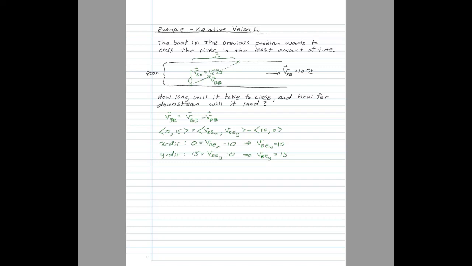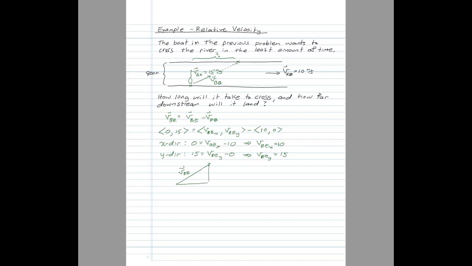So if I want to find out how long it takes to get across the river, then I want the component of the boat's velocity going across the river. In other words, the vector I just found, let me draw it here. This is VBE, the full vector. I want the component of that that's going across. So here's the component going down the river.